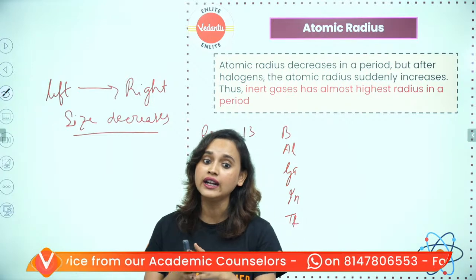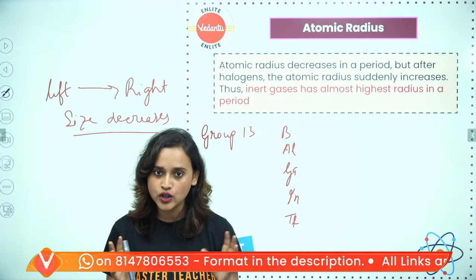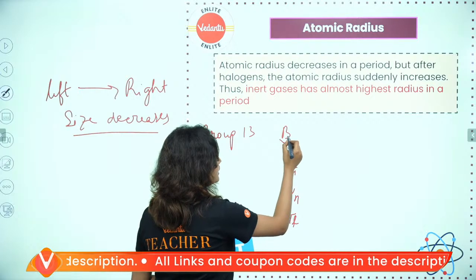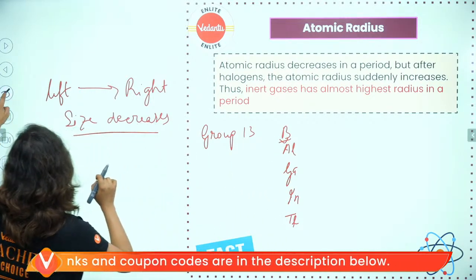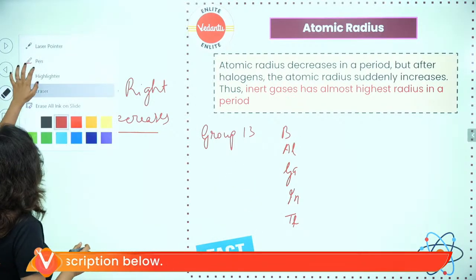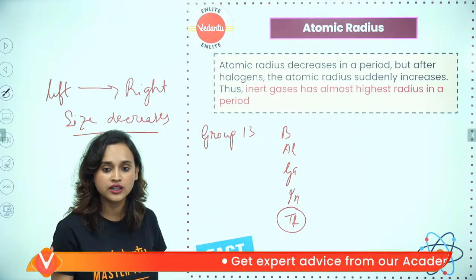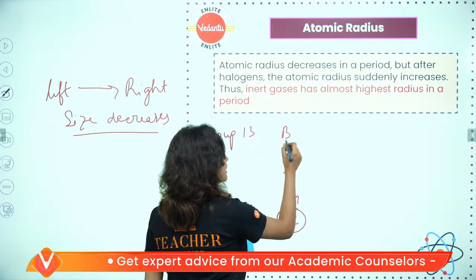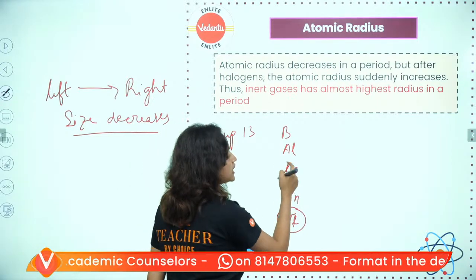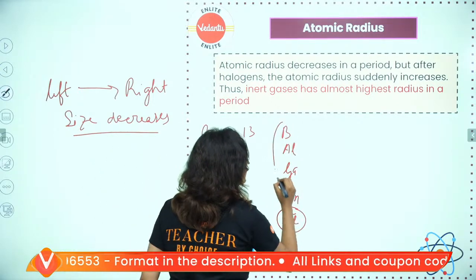We know that in a group, the atomic size increases. So we expect that boron will be the smallest, aluminium will be bigger than boron, and gallium will be bigger than aluminium, correct?